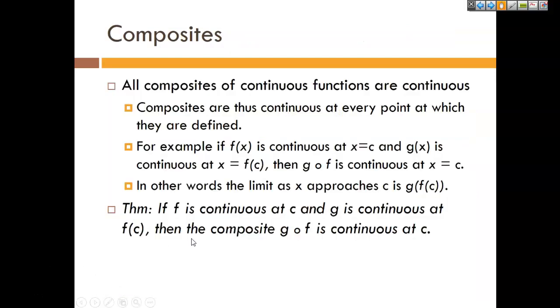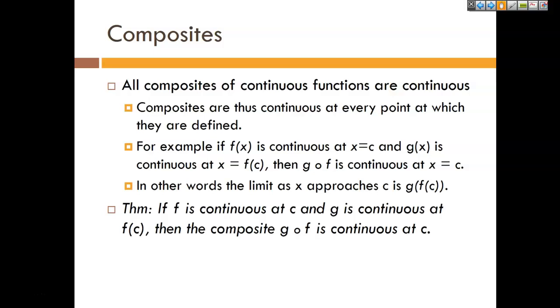All right, so we previously talked about composite functions. Composite functions are when you compose two functions together. All composites of continuous functions are themselves continuous. Composites are thus continuous at every point at which they are defined.